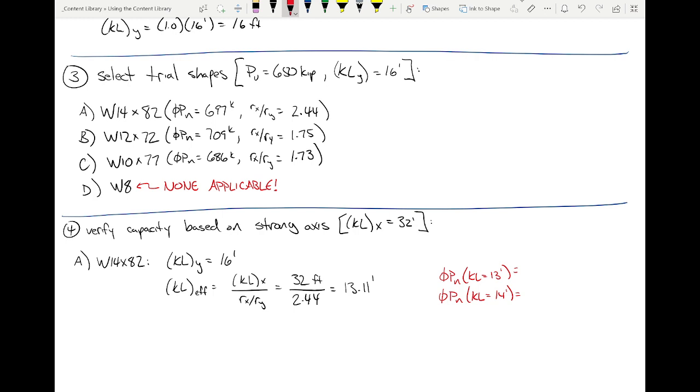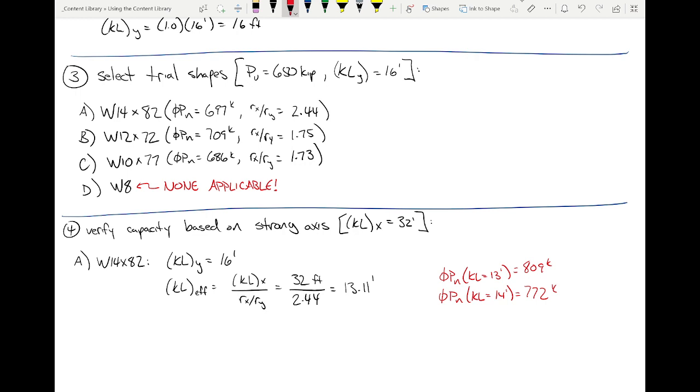What is my capacity for 13 feet? 772? Is that right? Wait. Hold on. So this is 772. This is 809.